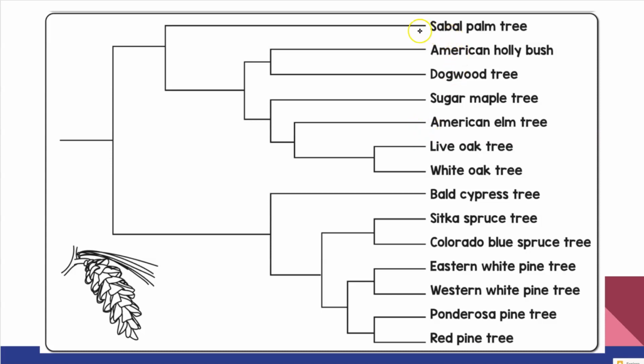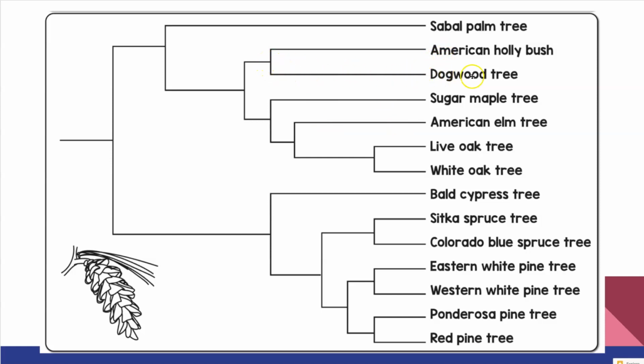So the sable palm tree, here's this node, one node that separates the sable palm from most other things. But when we get into here, there's a lot of lines, there's a lot of nodes. So the American holly and the dogwood tree, one node separates them.